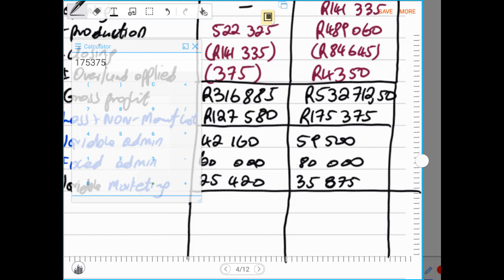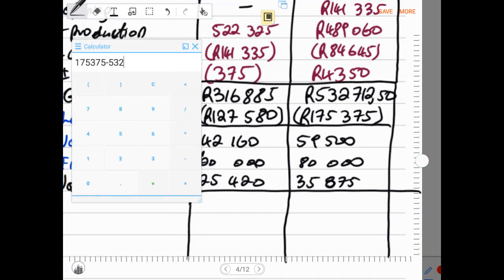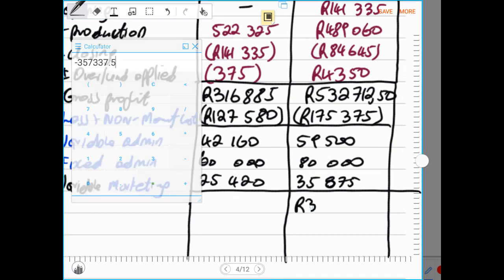So now we have covered the non-manufacturing cost, which will have to be subtracted. Then you say minus 532,712.50, and this will give us 357,337 rand 50 cents.